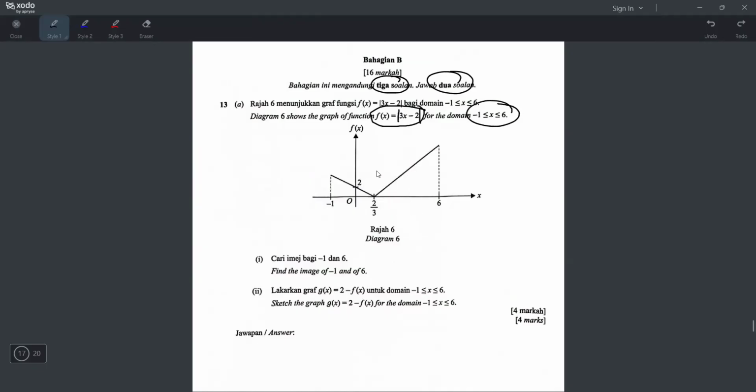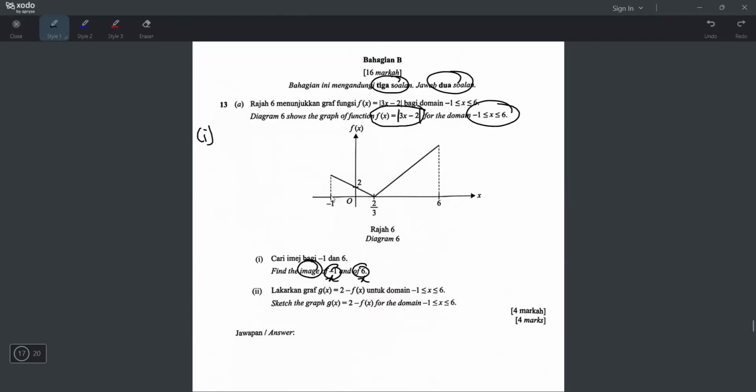Okay, now they say for the domain -1 to 6. Yes, correct. That's the domain. And then number 1 here says find the image of -1 and 6. That means -1 and 6 is the object, and you're trying to find the image, right? The object is the x.